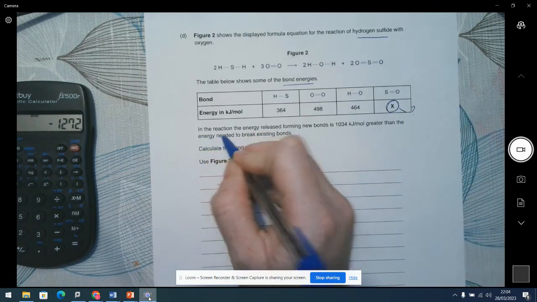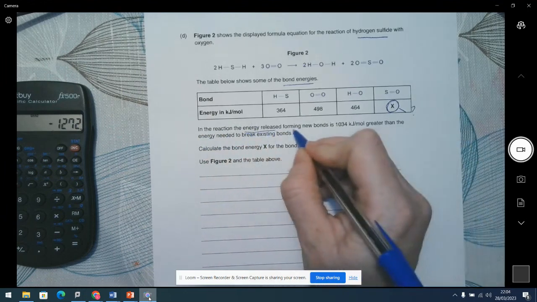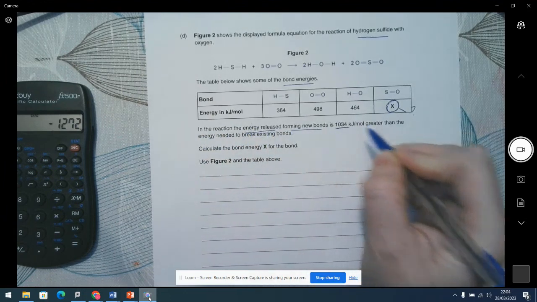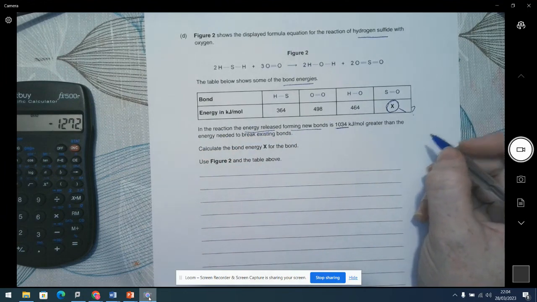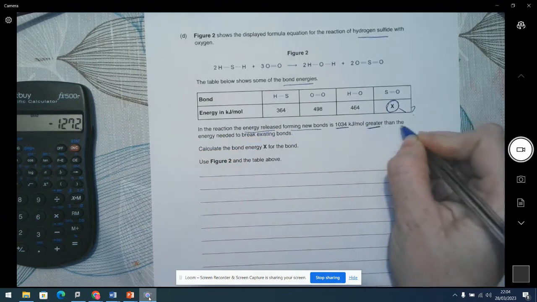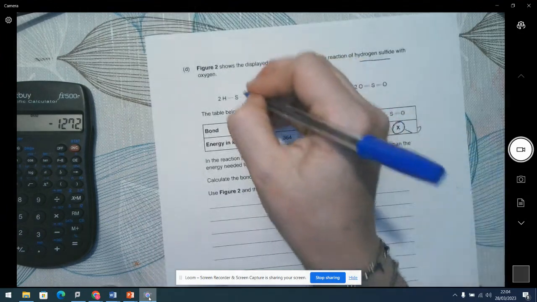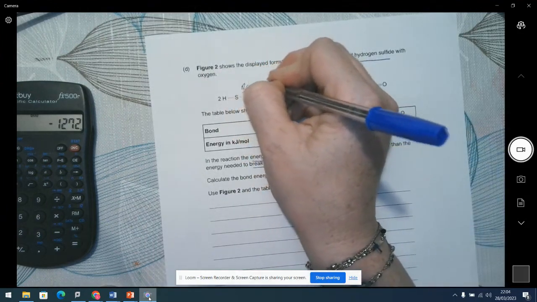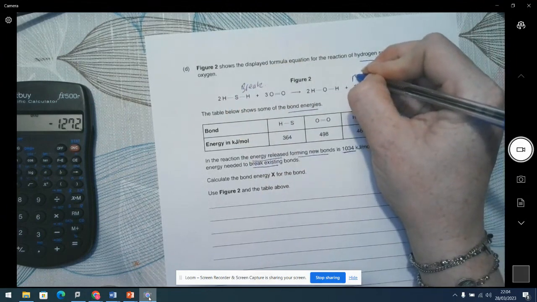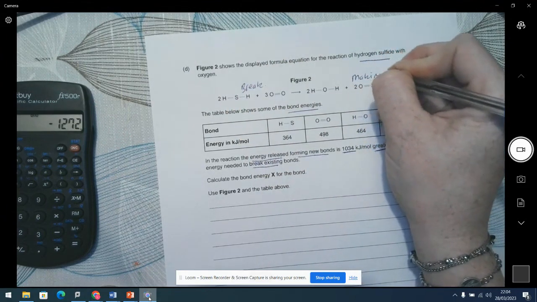So it says, in the reaction, the energy released from forming new bonds is 1034 greater than the energy needed to break the bonds. So I know that the reactants are all about breaking the bonds, and the products are all about making the bonds.